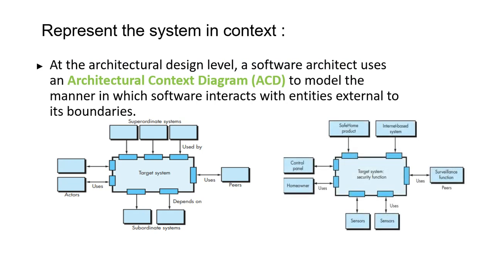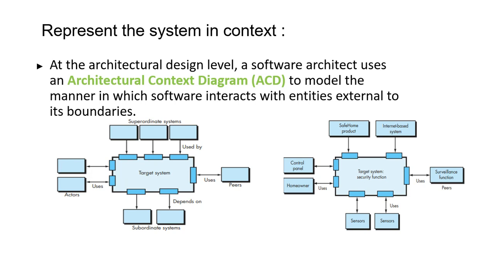Here we will take an example, let's call it the home owner and the security function. This is the best example given by the author of object-oriented software engineering. In order to make the home safe in the absence of the owner of that particular house, it has been given like this.